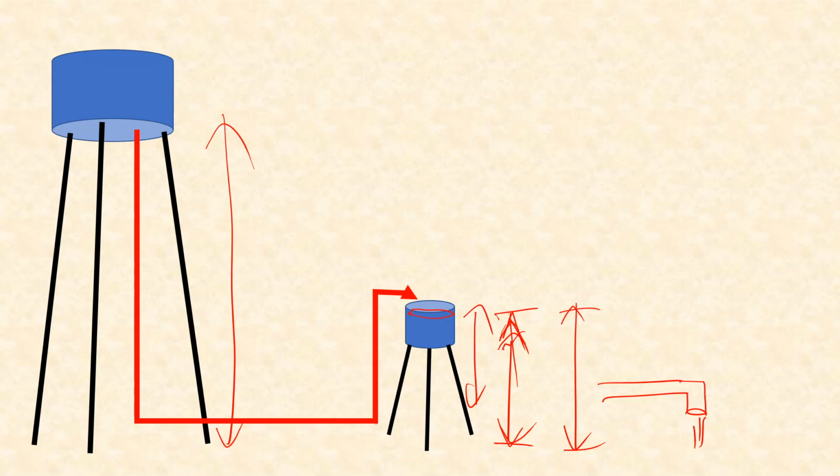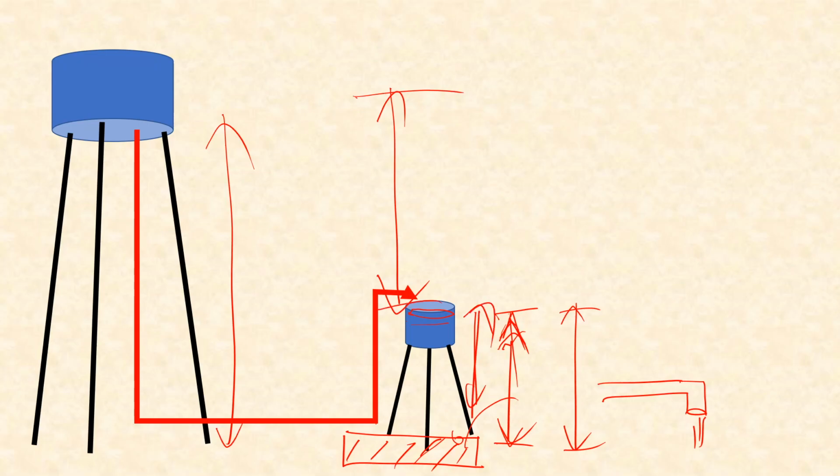If you store this water in an underground tank, then you don't have that restored head and you have to fetch water from this underground tank, either using a separate pump or using a bucket and so on. But if you store it at a higher elevation, that means although this much amount of head is lost, this remaining amount of head you have stored in your overhead tank at your house.